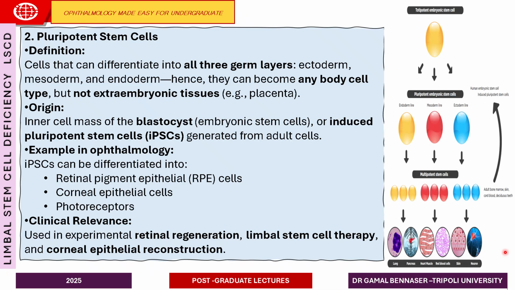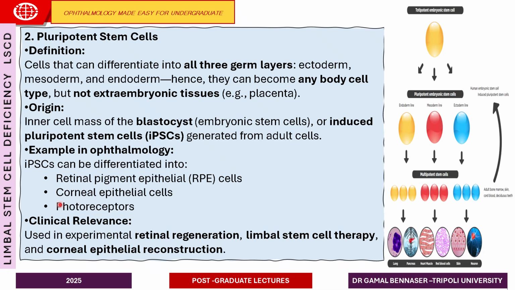An example of these pluripotent cells in ophthalmology is what's known as the induced pluripotent stem cells. These can be used in ophthalmology, and they can form retinal pigment epithelium and can form the corneal epithelium as well as the photoreceptors.